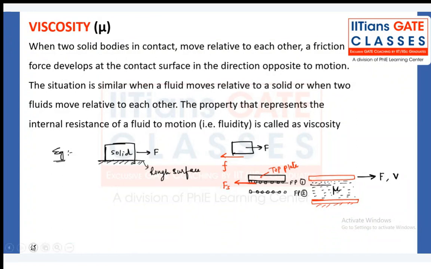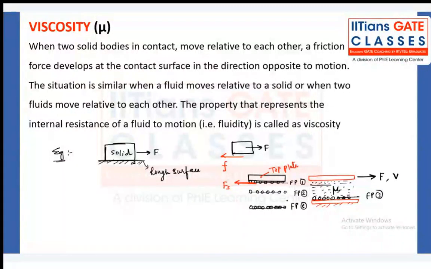What about the fluid particle attached to the lower plate? Let me say this is fluid particle 3, and I'm drawing it here so that you can see the free body diagram of each and every fluid particle.